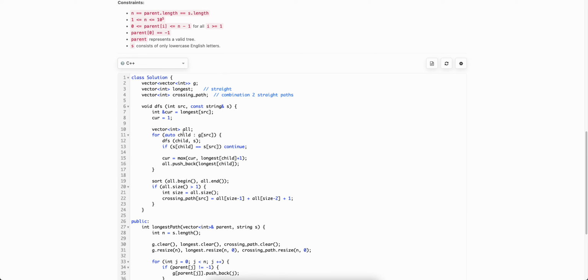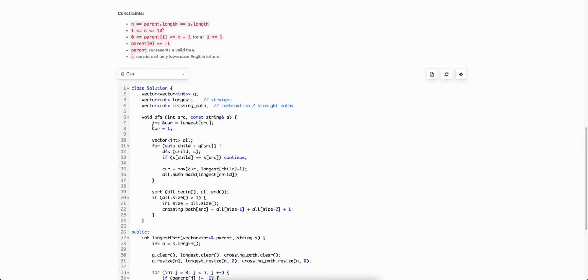Now let's look at the DFS function. It is also very straightforward. Initially every node has a longest path of length 1, that node itself, so I assign it 1. Now for each child I call the DFS. Basically I calculate, for each child, the longest path of that child and the crossing path from that child. The DFS will take care of that.